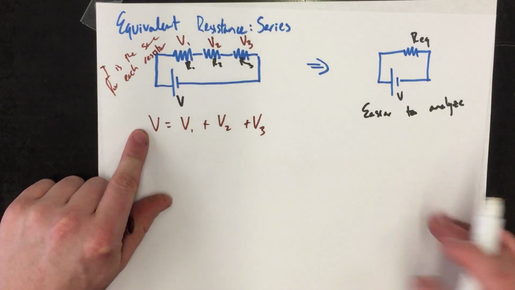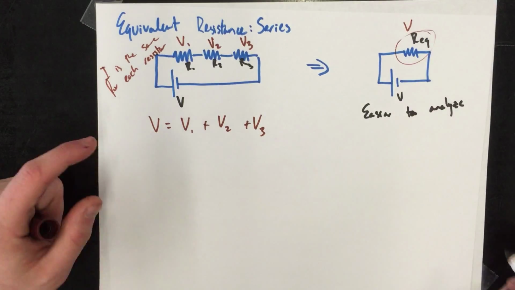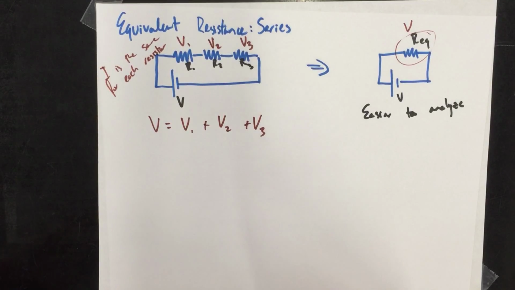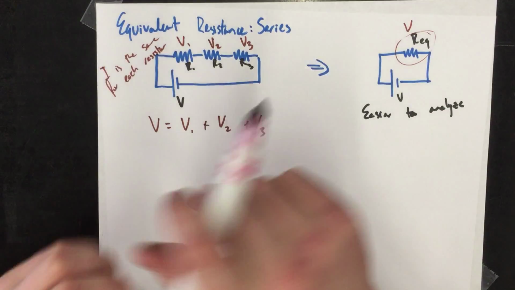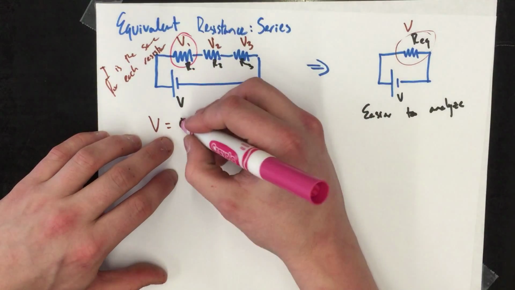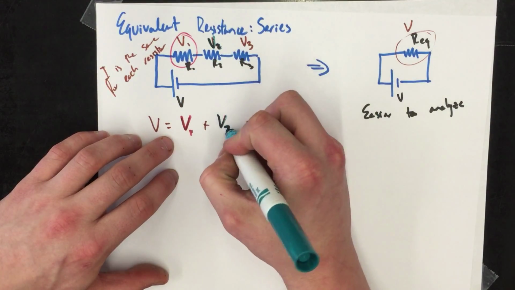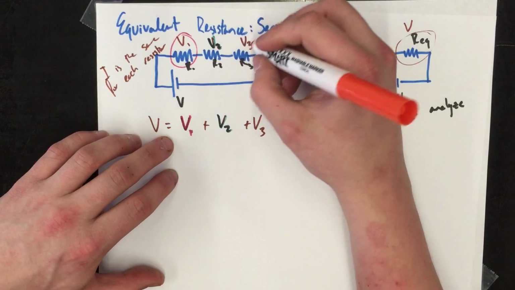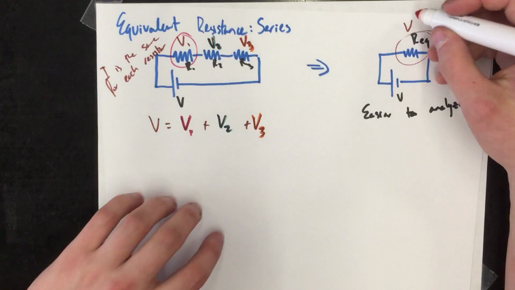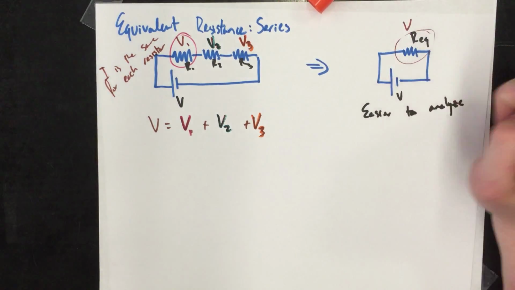Or I could define the voltage drop across this resistor, let me put this in pink here, as V1, this voltage drop is V2, and this voltage drop is V3. And we're going to try and come up with an expression for the voltage drop over the equivalent resistance here.